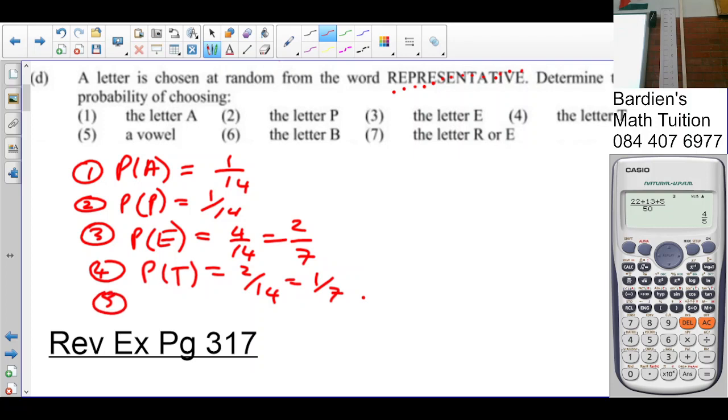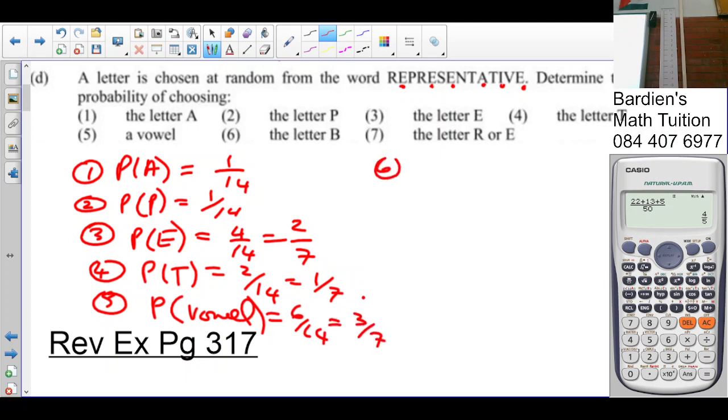Number 5, a vowel. What are vowels? A, E, I, O, U. There's 1, 2, 3, 4, 5, 6. The probability of a vowel is going to be 6 out of 14, which is 3 out of 7.